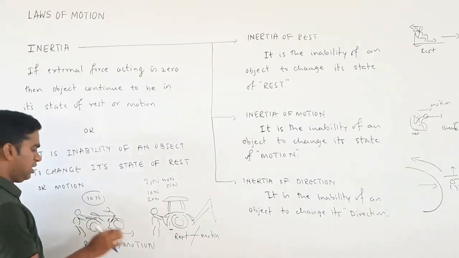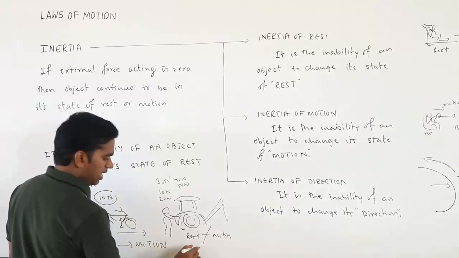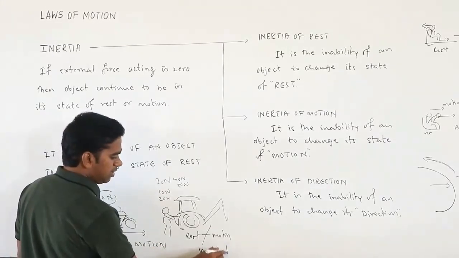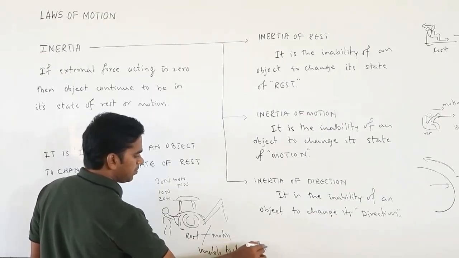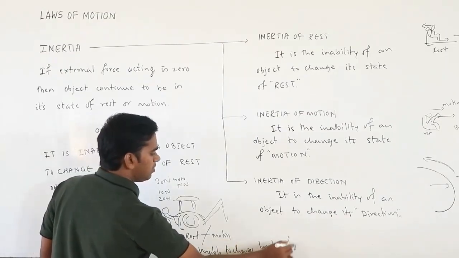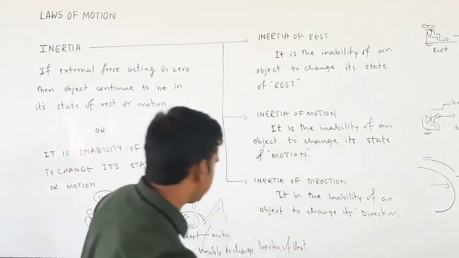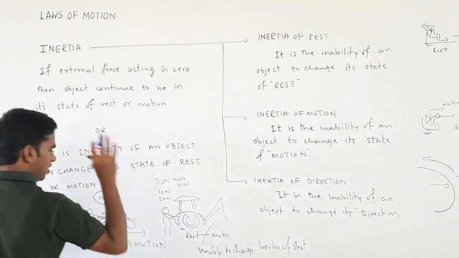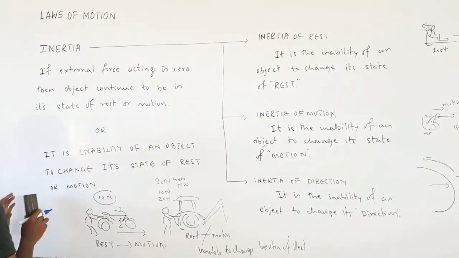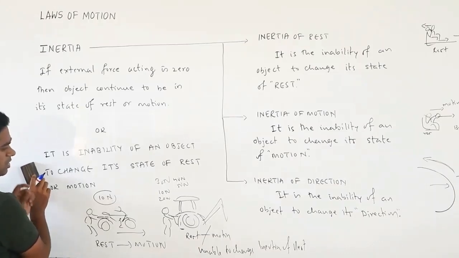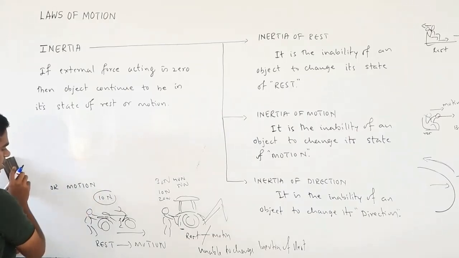In the bicycle case you were able to change its inertia, but here you are unable to change the inertia of rest. You are unable to change its state of rest to motion, so that means inertia depends on what?